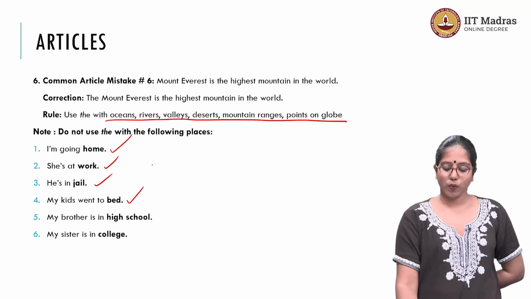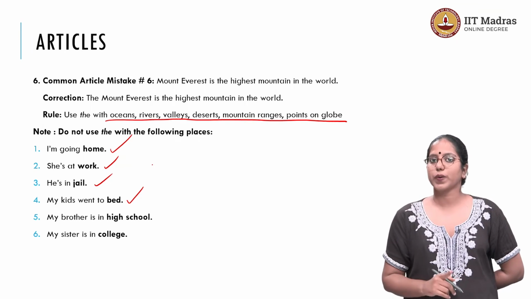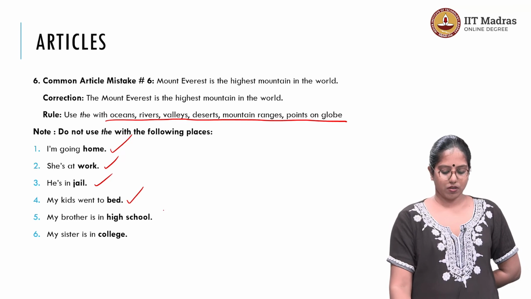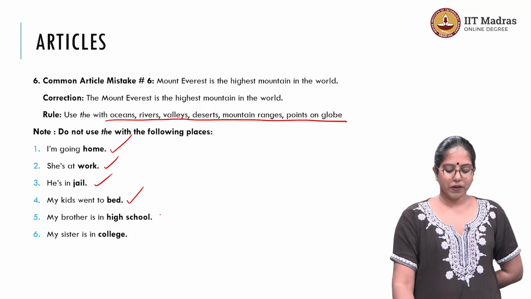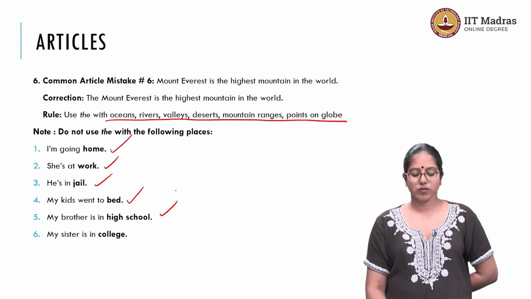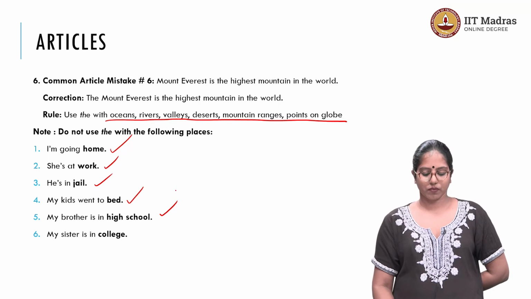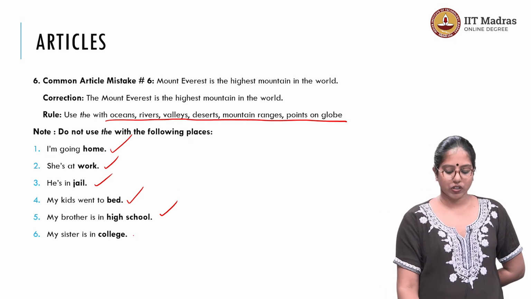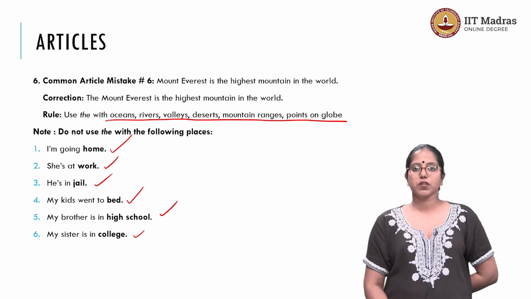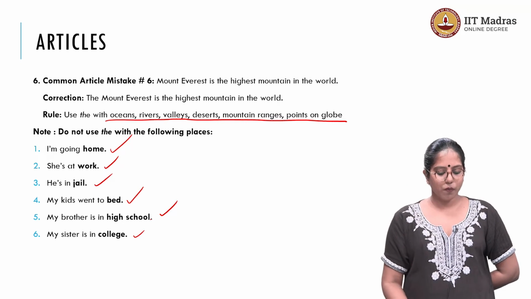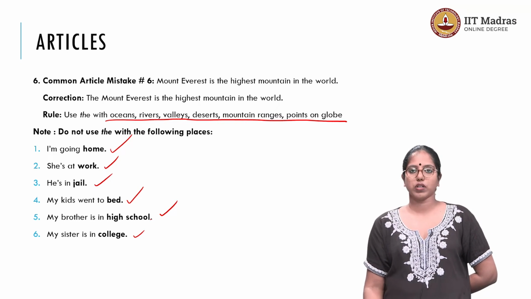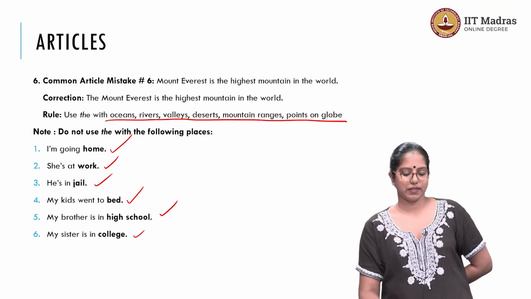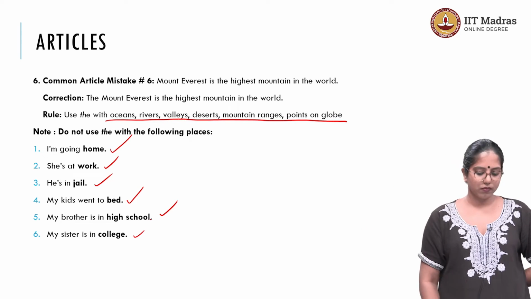My kids went to bed. You don't say my kids went to the bed. My brother is in high school. You don't say my brother is in the high school. My sister is in college. Okay, so remember these words: home, work, jail, bed, high school, college. You don't use the in front of these places. Okay, great.